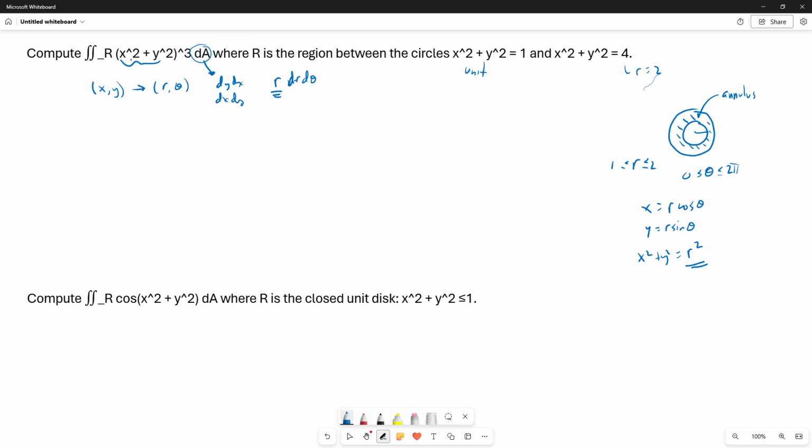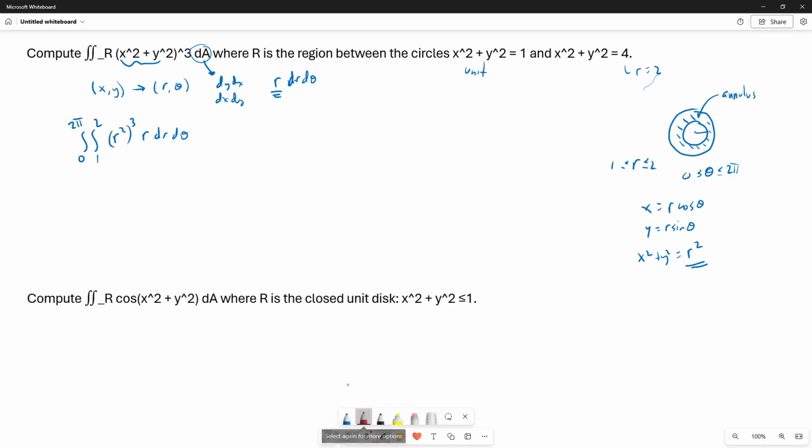So this integral, when you convert to polar coordinates, turns into the double integral of (r²)³ times dA, which is r dr dθ. And r goes from 1 to 2, r is the inner integral, 1 to 2, and theta goes from 0 to 2π.